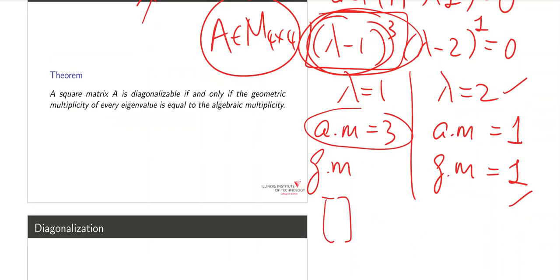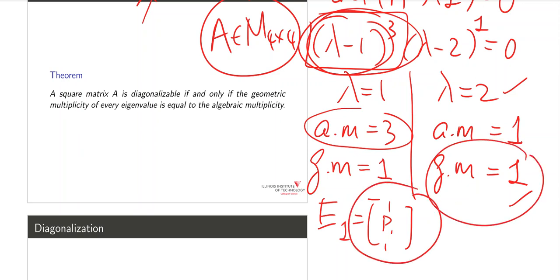Let's say the geometric multiplicity is 1, meaning the eigenspace for lambda equals 1 consists of only 1 independent eigenvector. Then you have 1 from here and 1 from here, so you only have 2 independent eigenvectors. We need 4 to do that.